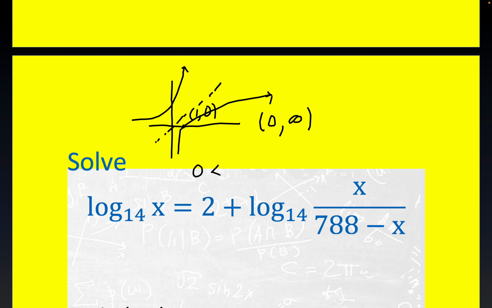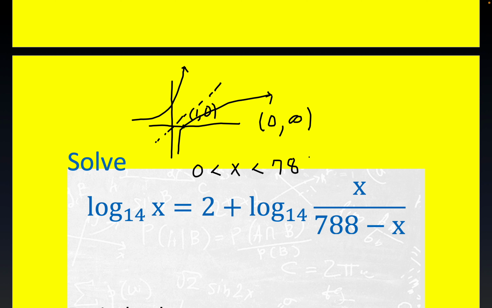So we know that 0 is less than x for sure, just because this term is in the equation. Now, right here, note that this number can't be any bigger than 788. So meaning, let me just write this down, you can't exceed the number 788.